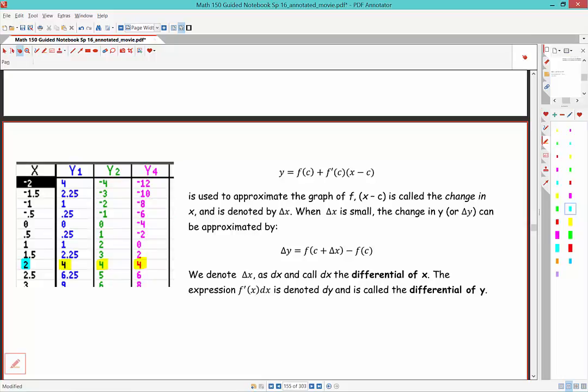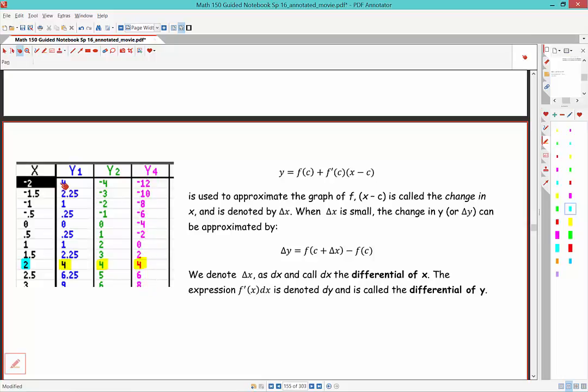So here, what's happening is we get further and further away from our actual graph. So now we're focusing on the blue and the pink. We get further away from our actual graph when we're further away from x equal to 2.